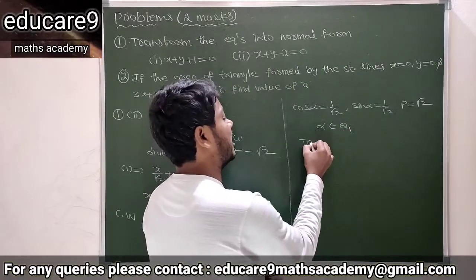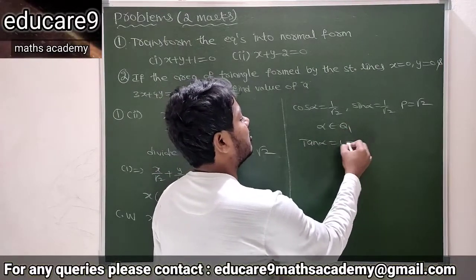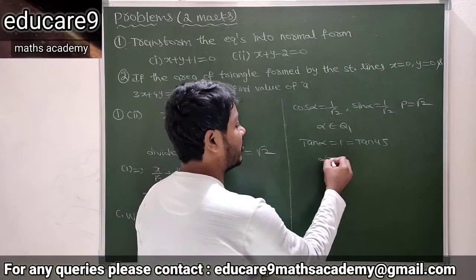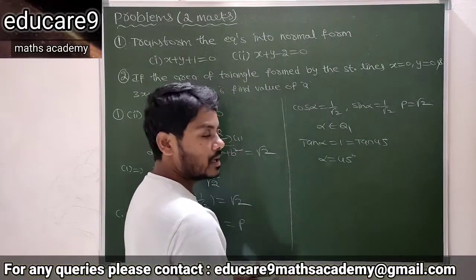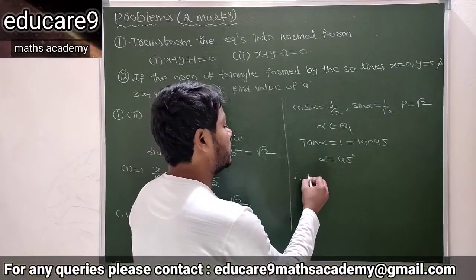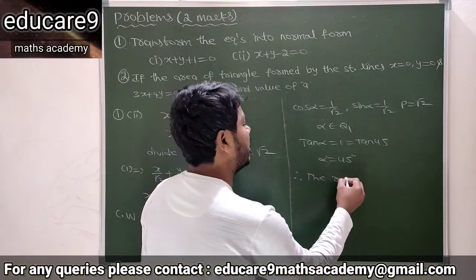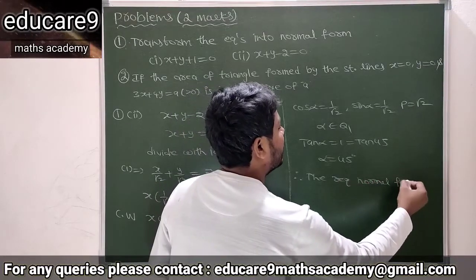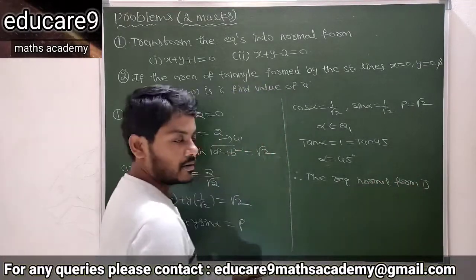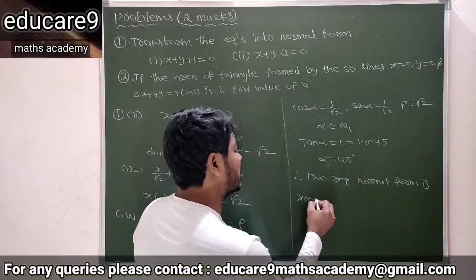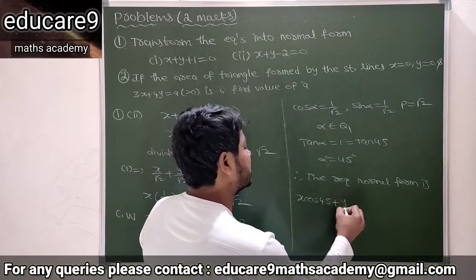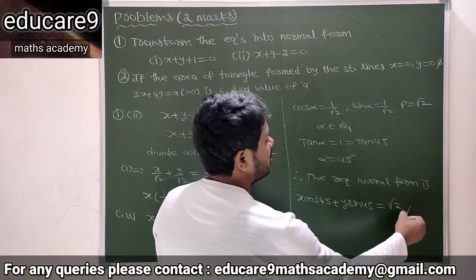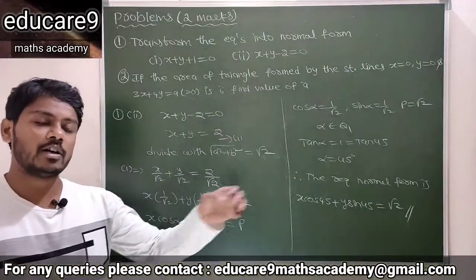Therefore tan alpha is equal to 1. 1 can be written as tan 45, so clearly alpha is equal to 45. Therefore, the required normal form is x cos 45 plus y sin 45 is equal to root 2. So this is the required normal form.